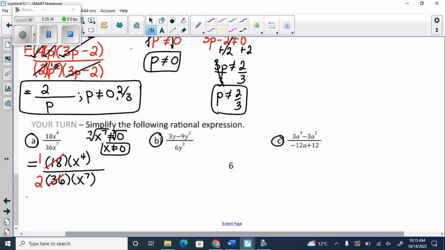This one has x, x, x, x, 7 of them, right? So I can take 4 out of this one, they cancel off, and 4 out of here, how many are left? 3. So in the numerator, I have 1 times 1 times 1, so I have 1 over 2x cubed. And then your NPVs are x can't equal what? 0. Box it.